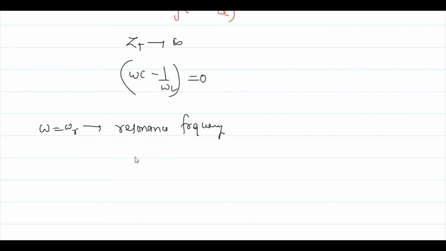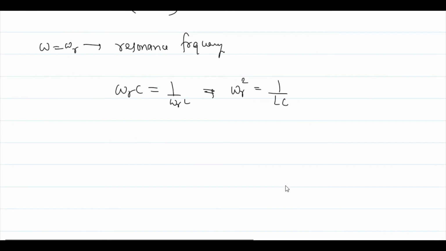Now if you take omega R C equal to 1 by omega R L, then omega R squared is equal to 1 by LC. So omega R is equal to 1 by square root of LC. This is the angular resonance frequency.